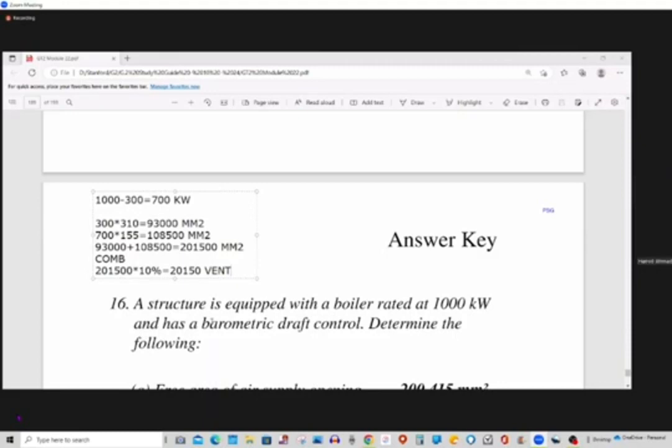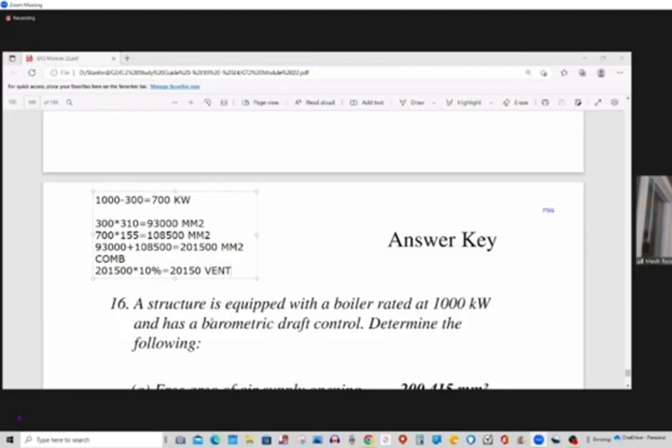So for the first 1,000, if it was BTU, it would be divided by 7,000. Now it's kilowatt. So first 300 kilowatt times 310 square millimeters, and it says plus 1 square inch per 14,000, or 155 square millimeters per kilowatt.